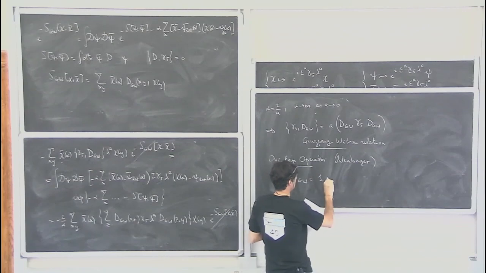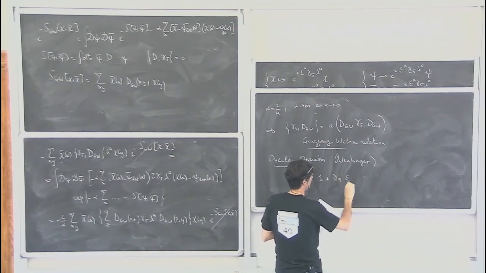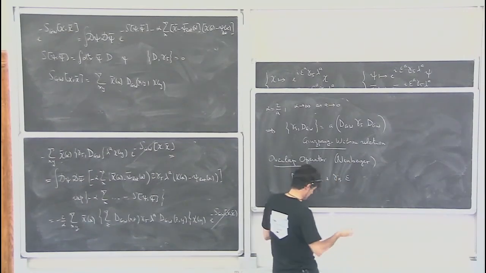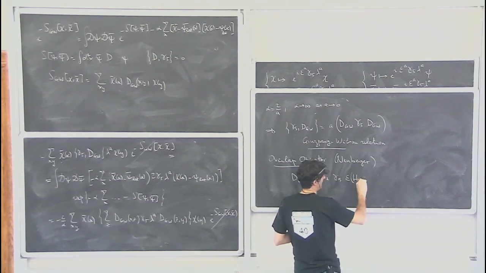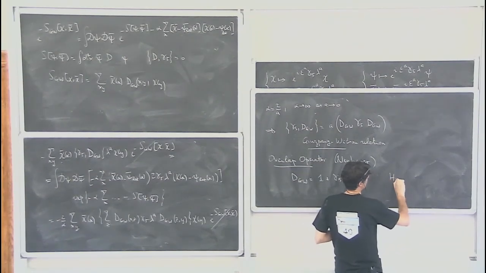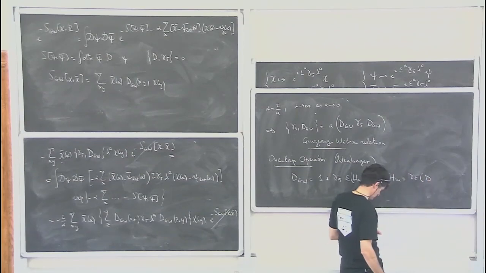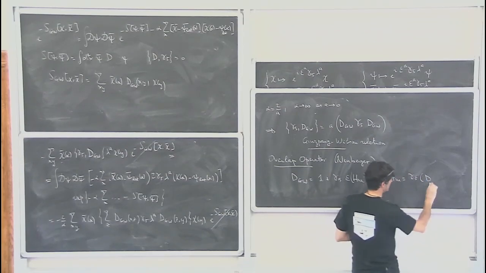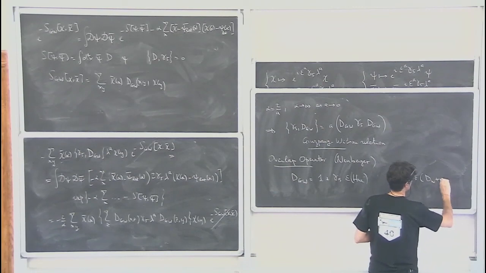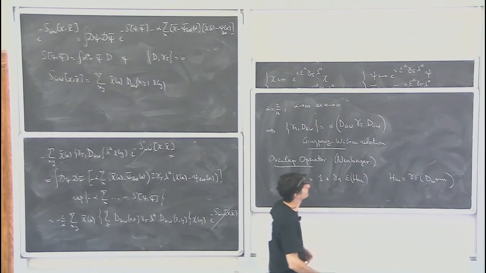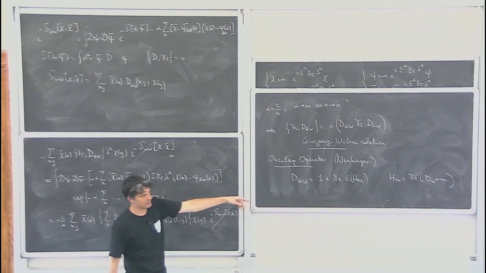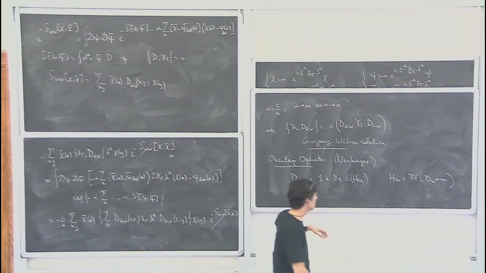1 plus gamma 5 times epsilon. Epsilon is the sign function of HM, and HM is the Hermitian Dirac-Wilson operator. So it's dW plus M. Okay? So this dW is exactly the Wilson operator that we were discussing a moment ago.